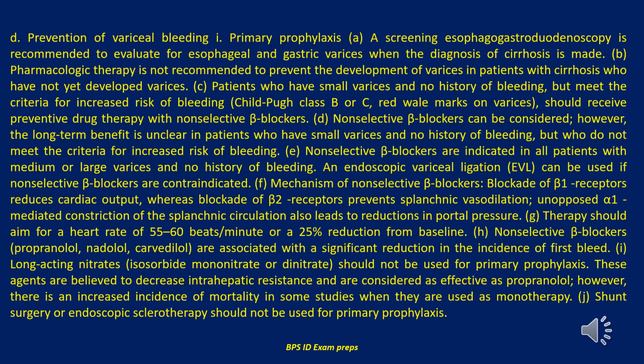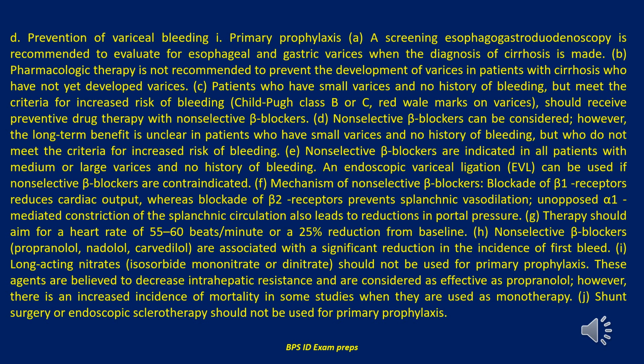G. Therapy should aim for a heart rate of 55 to 60 beats per minute or a 25% reduction from baseline. H. Non-selective beta blockers like propranolol, nadolol, carvedilol are associated with a significant reduction in the incidence of first bleed. I. Long-acting nitrates like isosorbide mononitrate or dinitrate should not be used for primary prophylaxis.